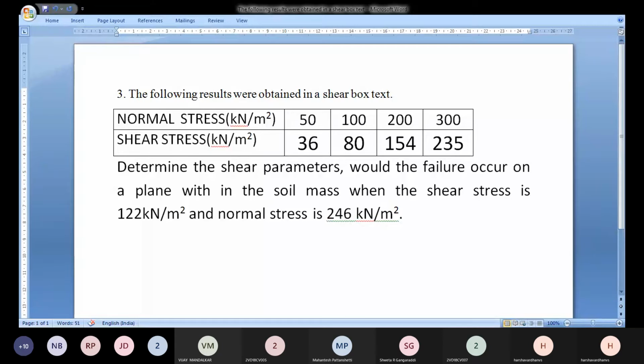Determine the shear parameters. Would the failure occur on a plane within the soil mass when the shear stress is 122 kilonewton per meter square and normal stress is 246 kilonewton per meter square?